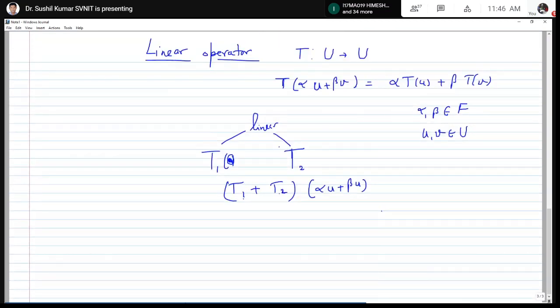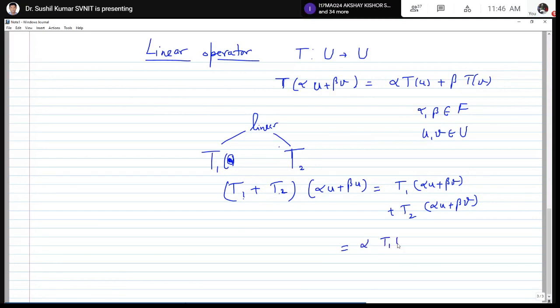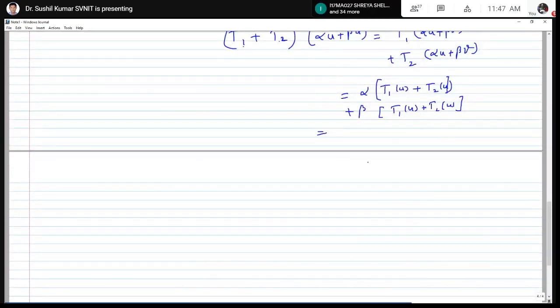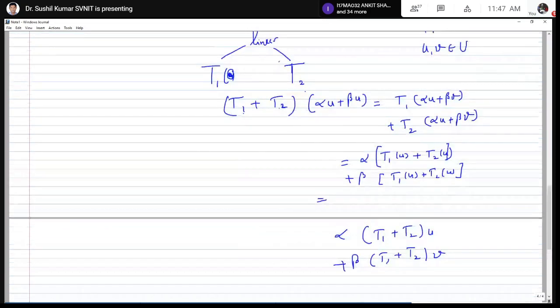See, you can write it T1 of alpha U plus beta V plus T2 of alpha U plus beta V. That is equal to alpha of T1 U plus T2 U, plus beta of T1 V plus T2 V. That is equal to alpha of T1 plus T2 of U plus beta of T1 plus T2 of V. So if T1 is linear, T2 is linear, then T1 plus T2 will be linear.